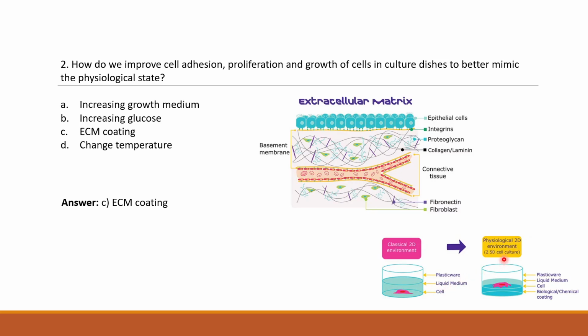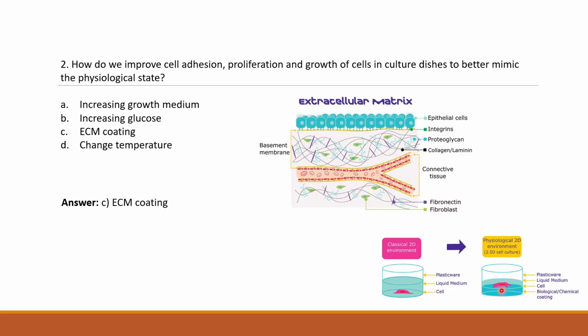But when you have a physiological 2D environment where you have some biological or chemical coating, you can see your cell has attained some morphology. It has some structures, some protrusions coming out of it. Usually adherent cells should have these kinds of extensions coming out of the cell body, because those extensions help the cell to hold on and attach properly on the plate.